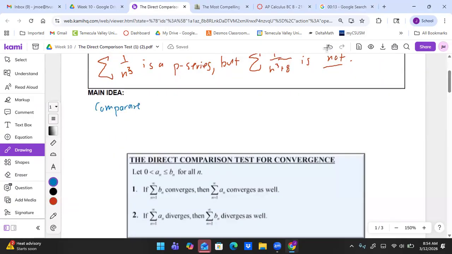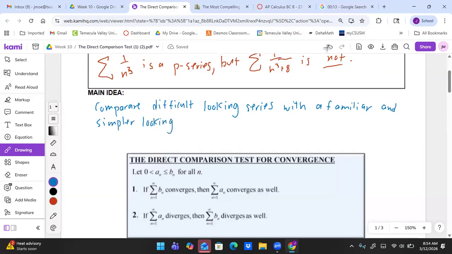Compare difficult-looking series with the familiar and simpler-looking series, and use direct comparison test.